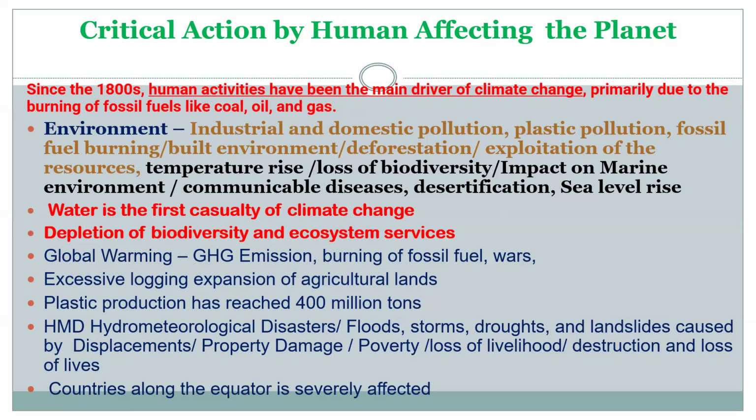And we need to remember water is the first casualty of climate change. Climate change threatens per capita availability of water, depletion of biodiversity, and ecosystem services. I have mentioned excessive logging, plastic production has reached 400 million tons.